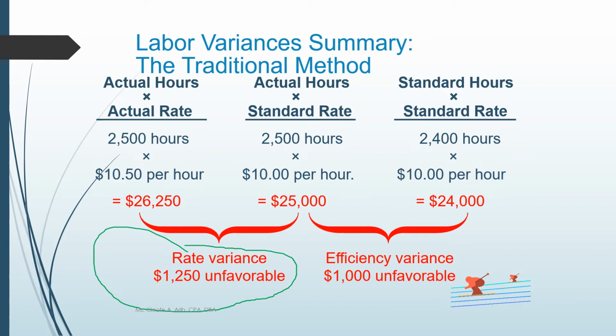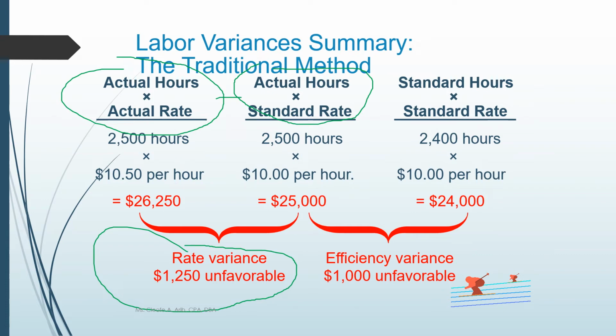Labor tao. So, to compute your labor rate variance, all you have to do is get the difference between your actual hours multiplied by your actual rate and your actual hours times your standard rate. Or the shortcut niyan, anong shortcut na to?